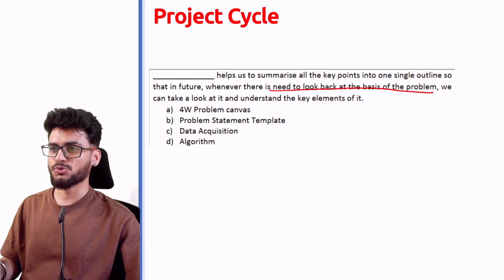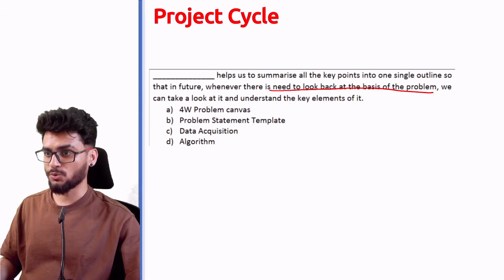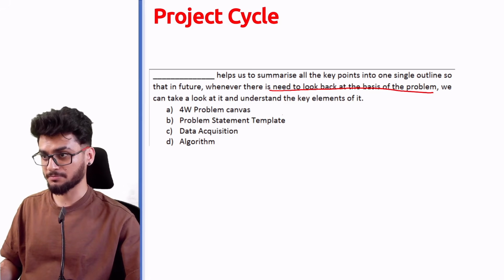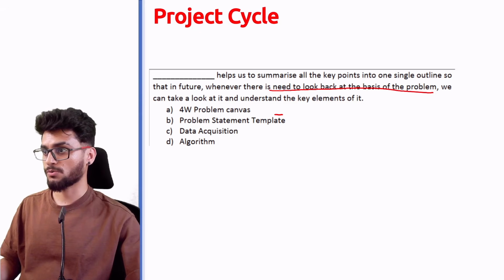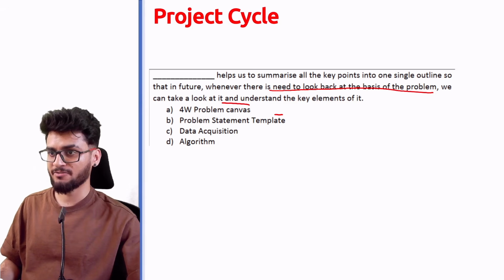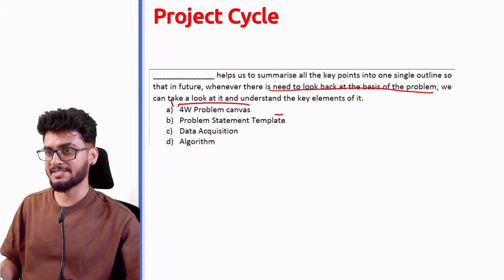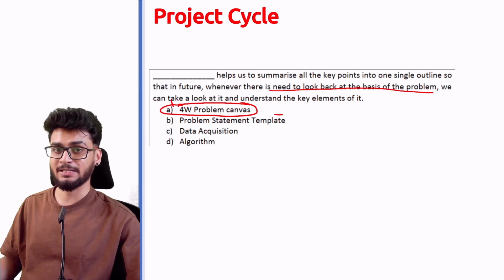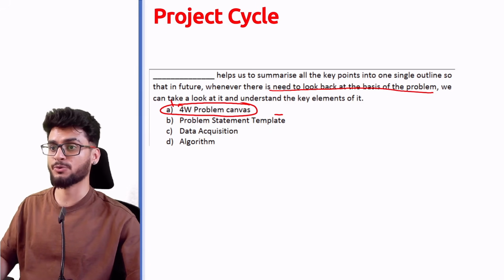So when we try to solve any problem using AI, first of all, we try to understand what is the problem statement. So for the basis of the problem, we have the 4W problem canvas, which tells us who is being affected, what is being affected, how is it being affected, and how you can solve them.